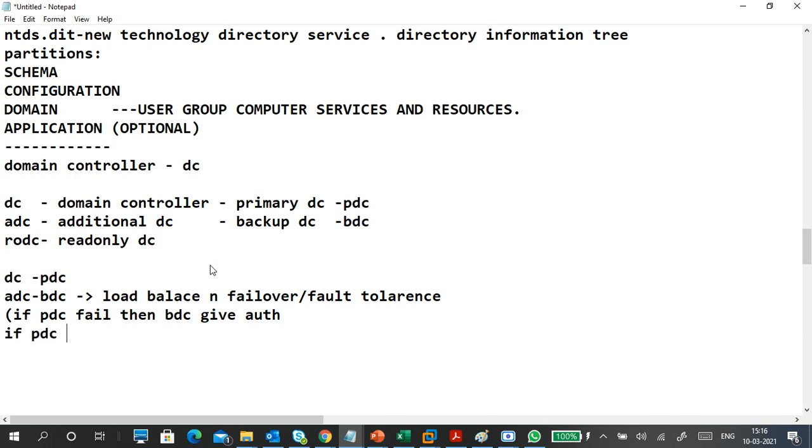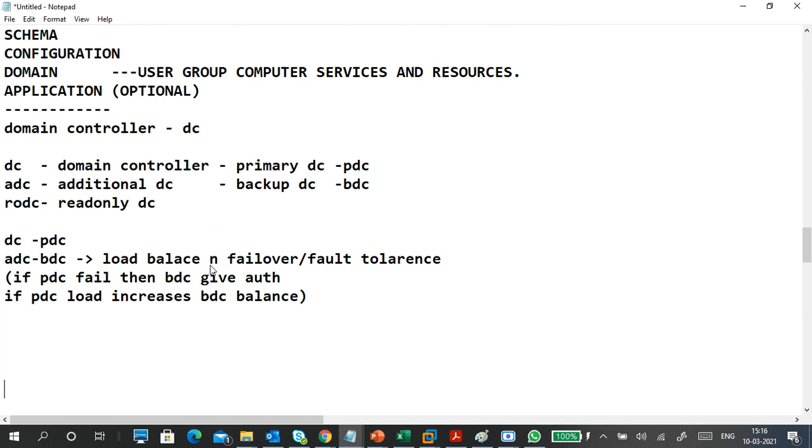If the PDC load increases, the BDC balances it. So this is it.